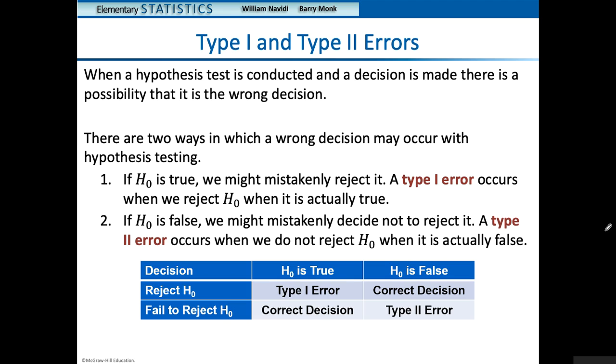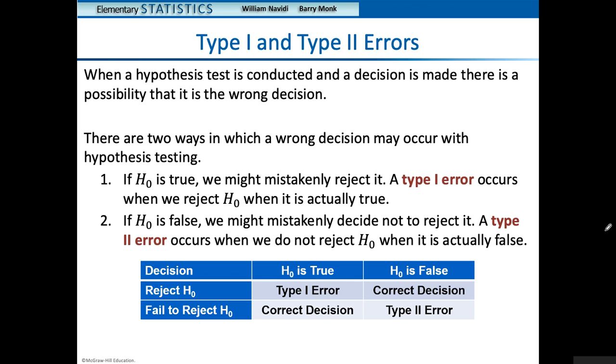We reject a true hypothesis. This is referred to as a type 1 error. The other way that we could make an error is if the null hypothesis is false, we might mistakenly decide not to reject it, right? If it's false, we should reject it. And if we don't, that's an error. That's referred to as a type 2 error.